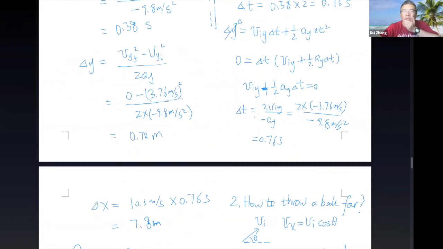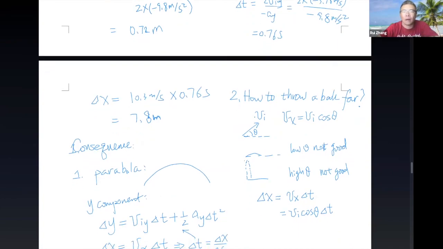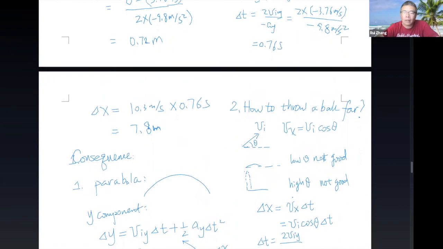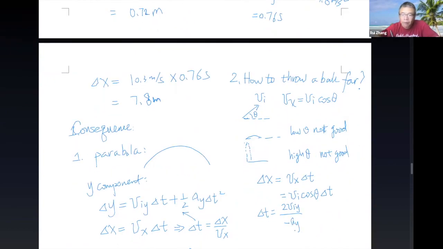See this delta t, for the whole height, is given by delta t equals 2 ViY divided by negative aY. ViY is just Vi times sine theta. So plugging back here, you have 2 Vi sine theta. But aY is basically constant, it's just fixed. So as you see, this delta t depends on theta as well.